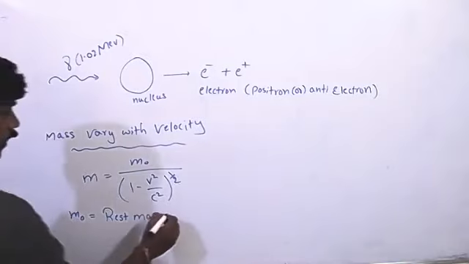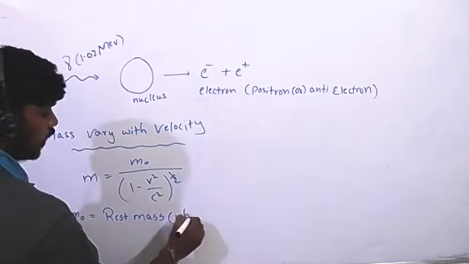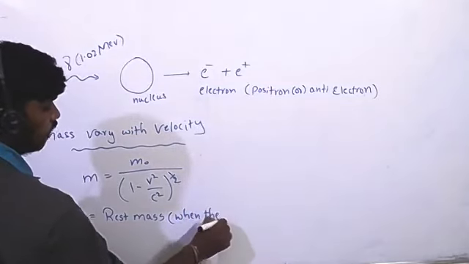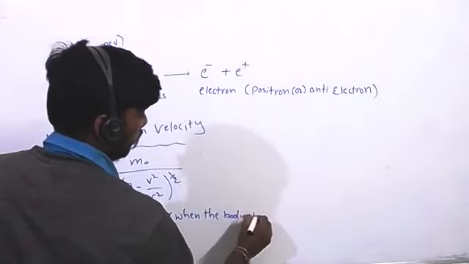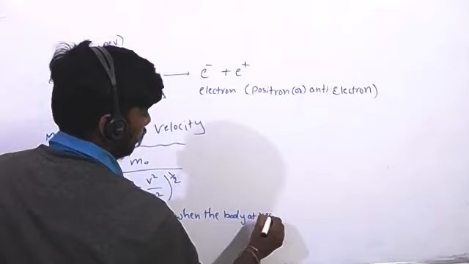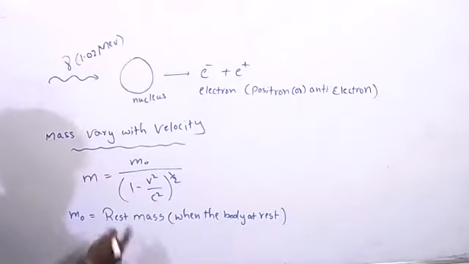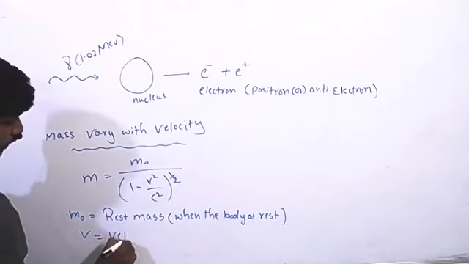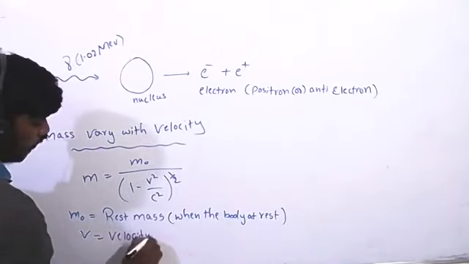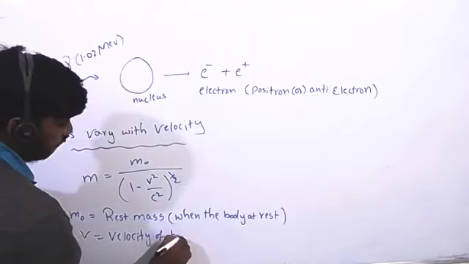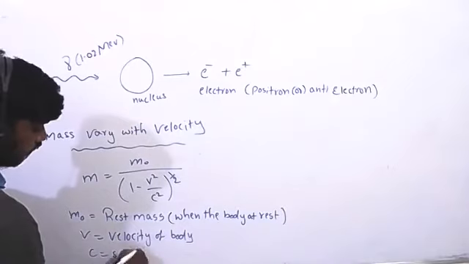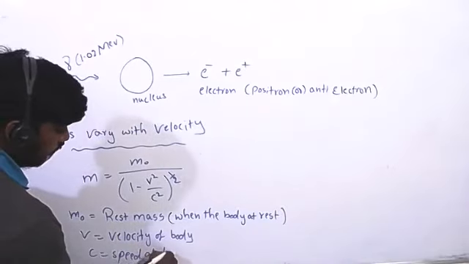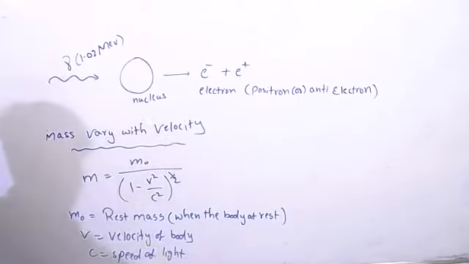Rest mass means the mass of the body when the body is at rest, so that is m naught. And here C is the speed of light.